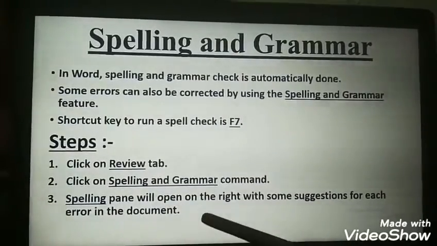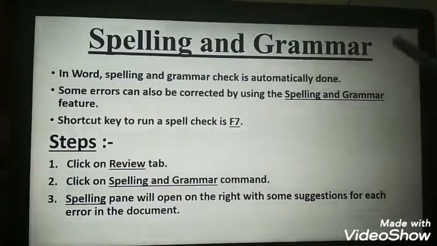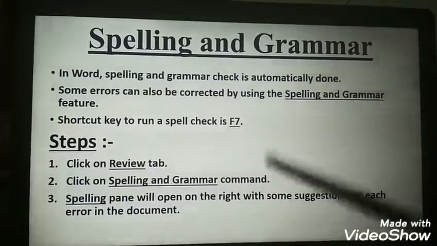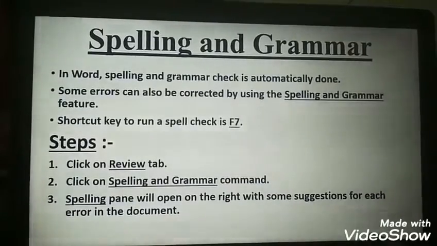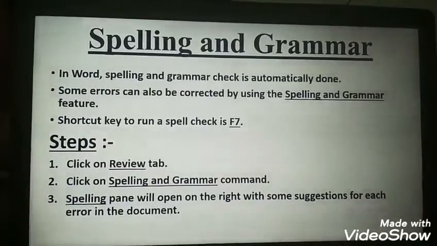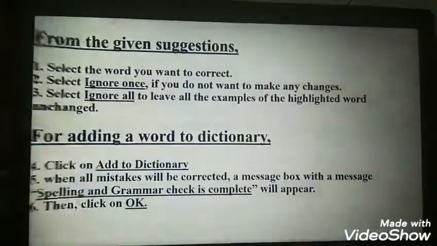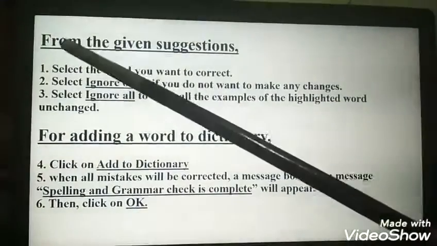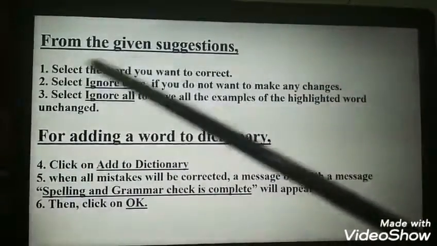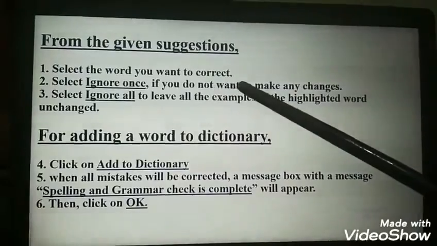The spelling pane will open on the right side. Here a spelling pane will open with some suggestions for each error in the document. Now, from the given suggestions, select the word you want to correct.